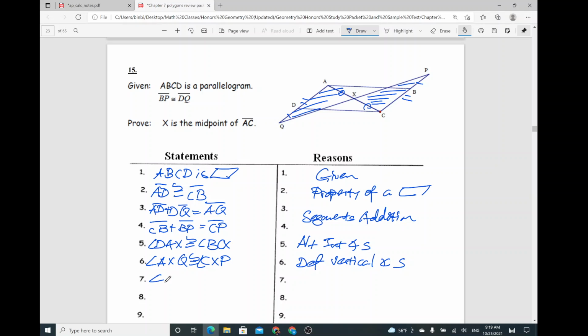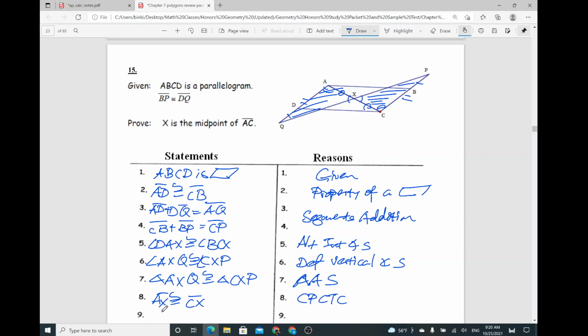So therefore triangle AXQ is congruent to triangle CXP by using angle-side-angle, and then using CPCTC, we can say that AX is congruent to CX.